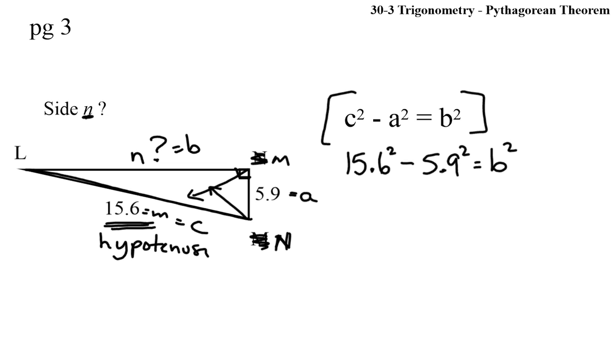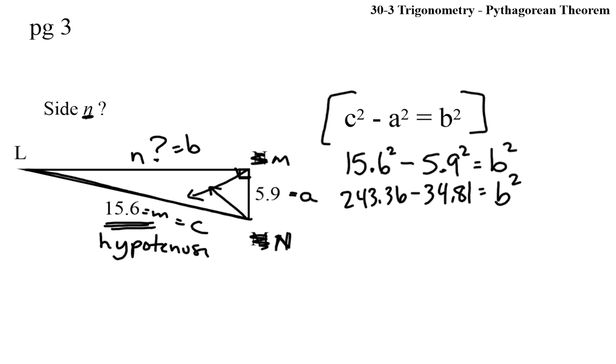So if you punch this into your calculator, you're going to get 15.6 squared to be 243.36. Subtract the 5.9 squared, which is 34.81.